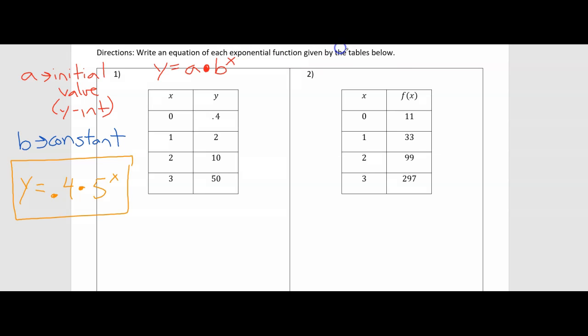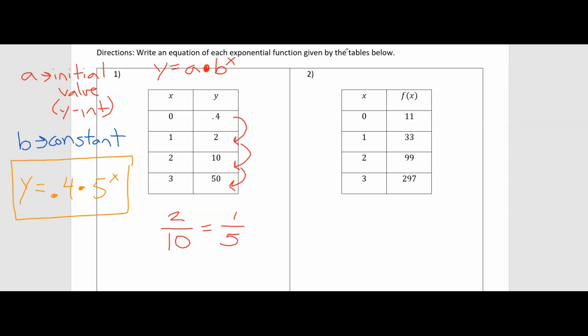So let's say you did 2 divided by 10. You get 1/5. Well, you should know intuitively that this doesn't make sense, right? Because if I'm going from one y value to the next, these y values are increasing. But if I multiply by 1/5, that would make the number smaller.